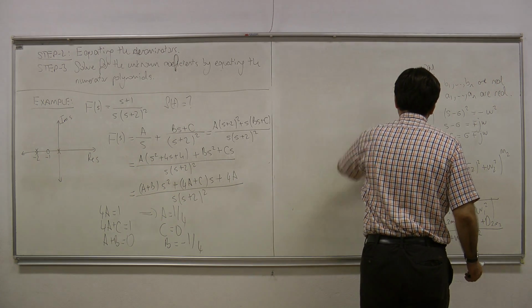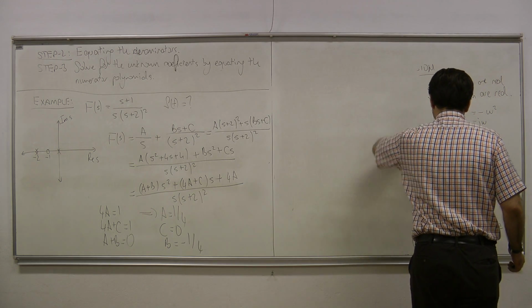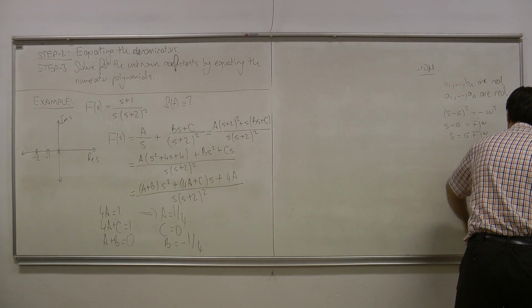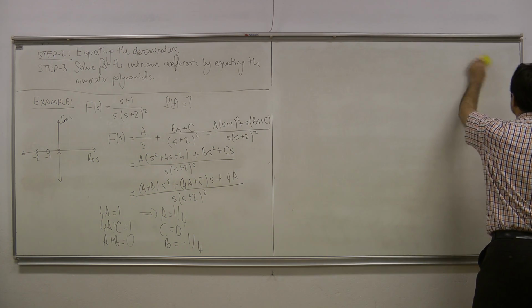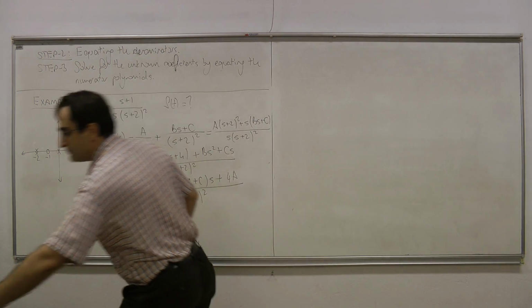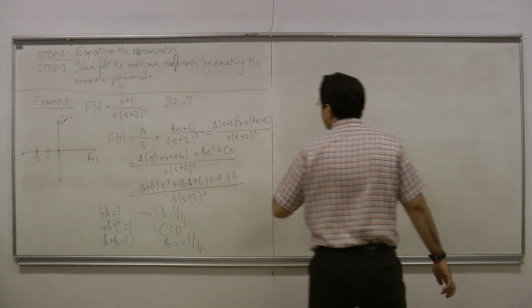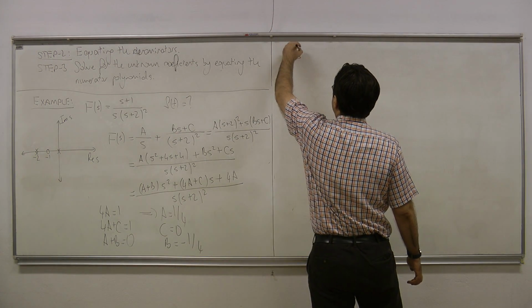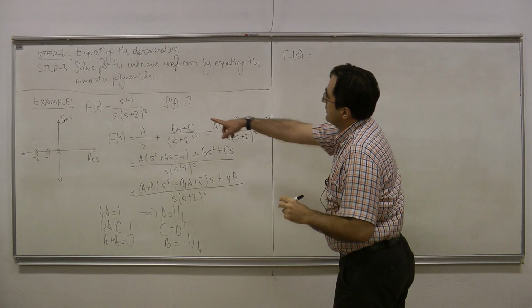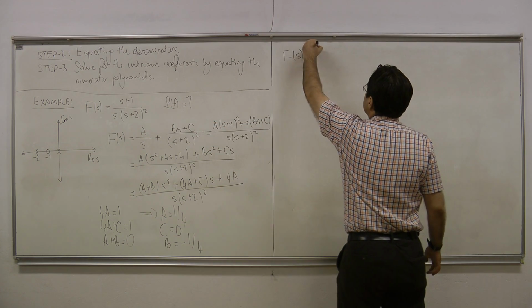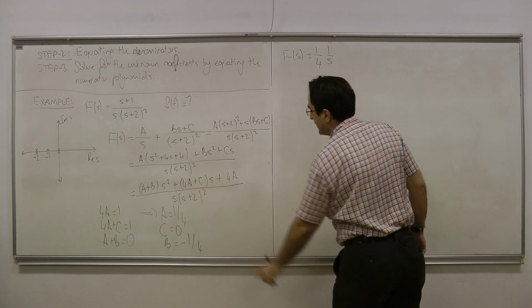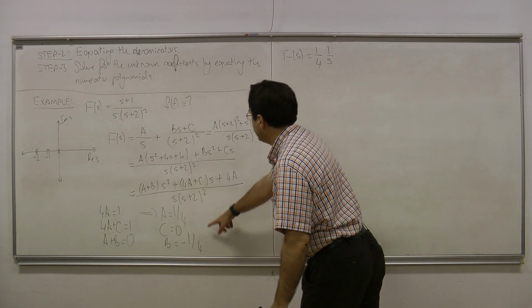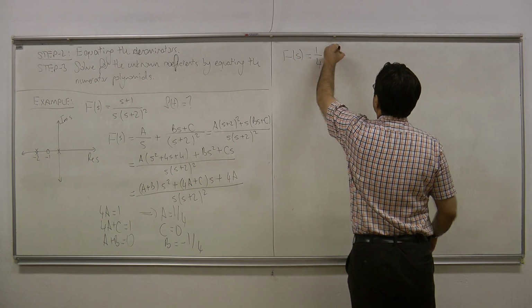So now I have to substitute these numbers into my partial fraction expansion. If I do that substitution, F of s is going to be A over s. A is 1 over 4. 1 over 4 times 1 over s. Plus, I have B is equal to minus 1 over 4.